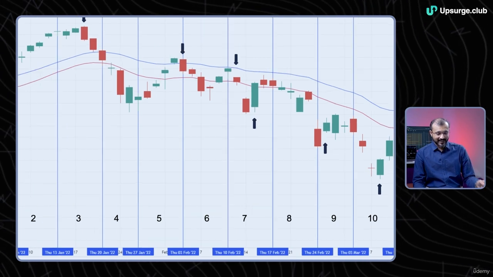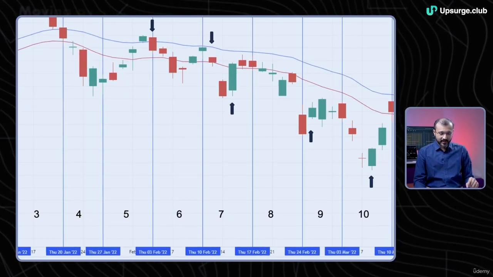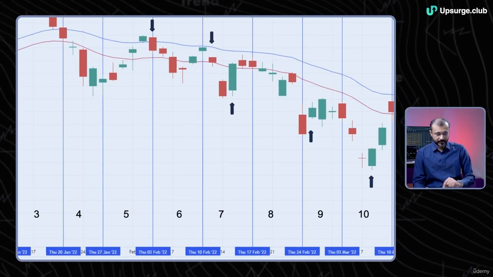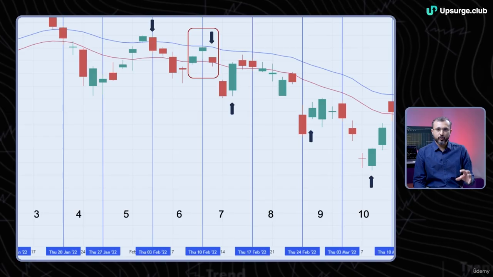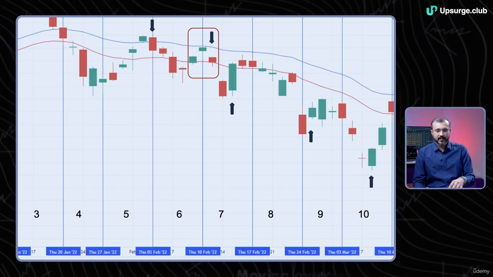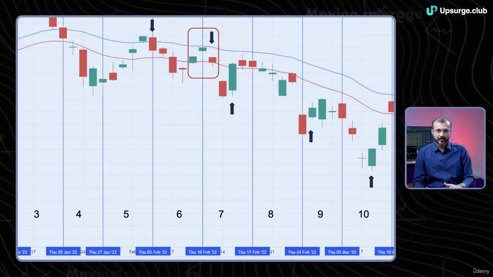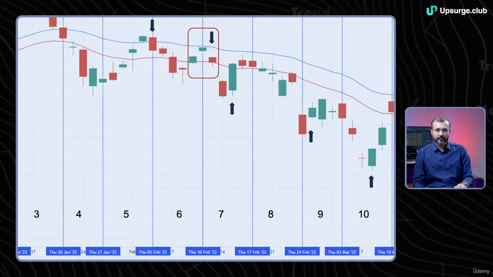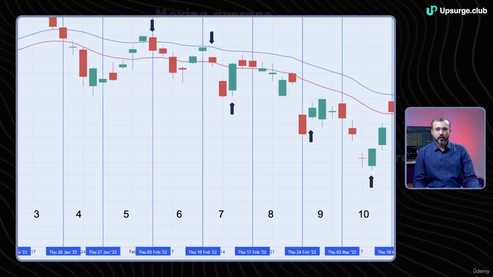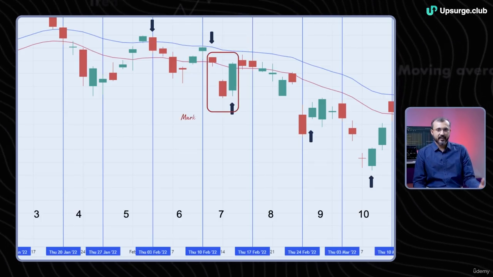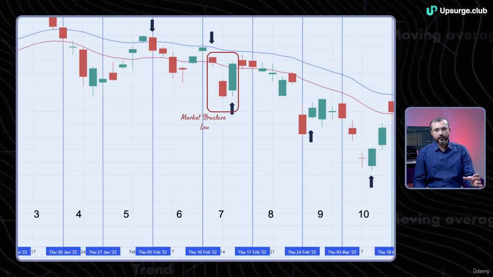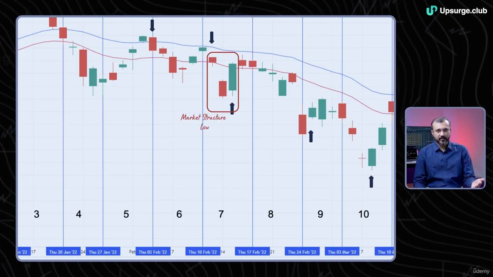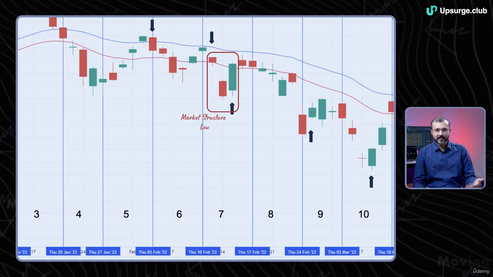Coming to the next example, on 10th of Feb and 11th of Feb, we have two bullish candles and the third candle is a bearish candle with a gap down. This also collectively forms a market structure high. On 15th of Feb, we have a market structure low: two bearish candles and a bullish candle. It's a way of understanding the price.